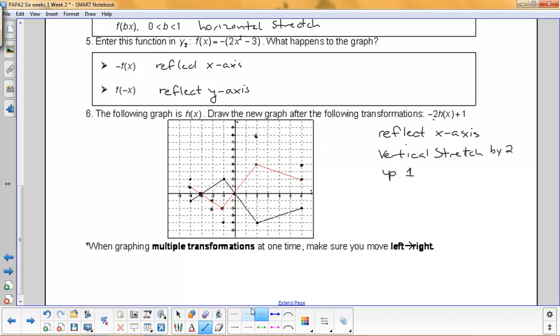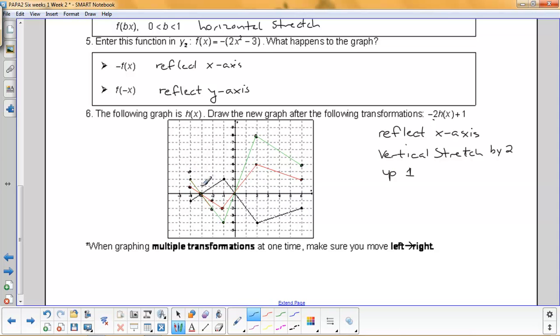Utilize a different color. Then finally, the last transformation will be to move the green lines up 1 unit.